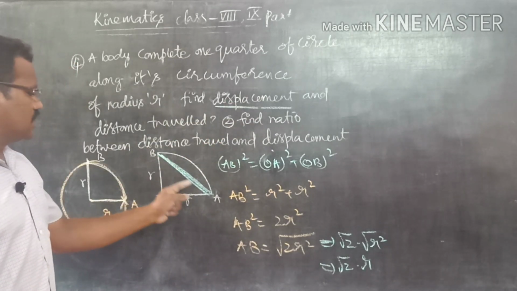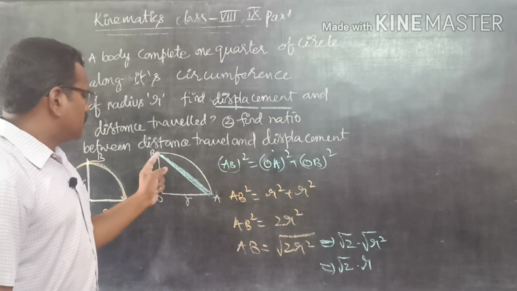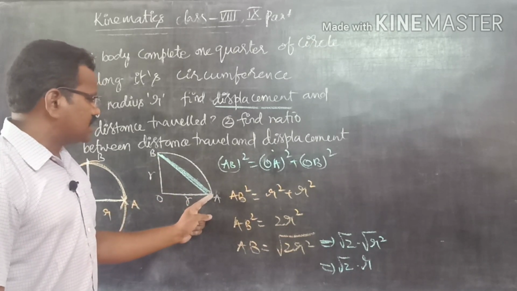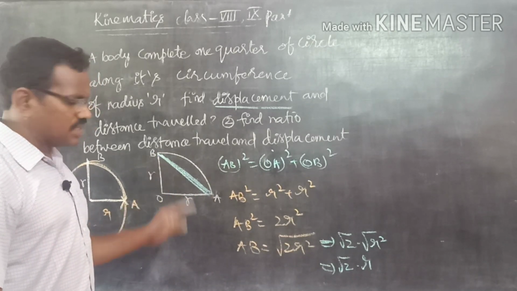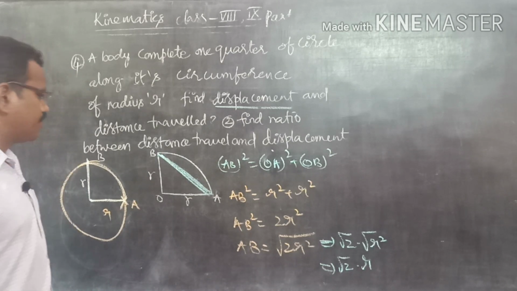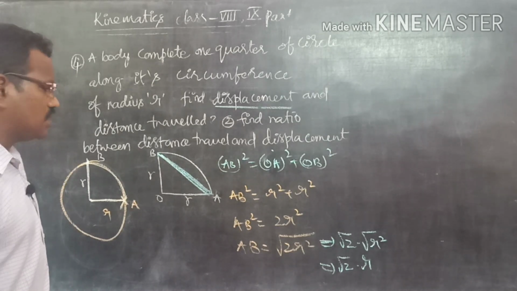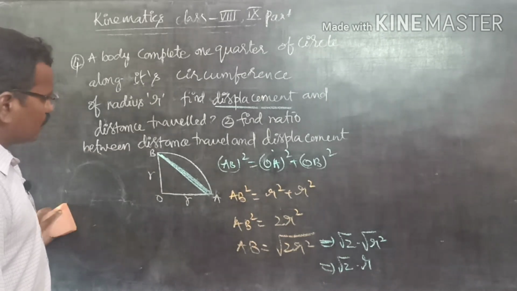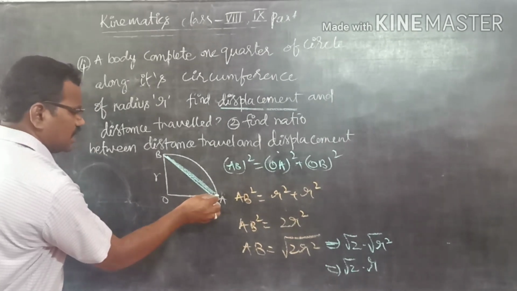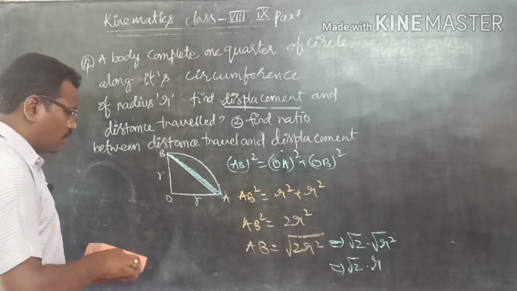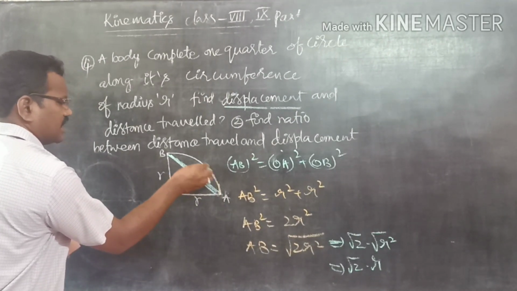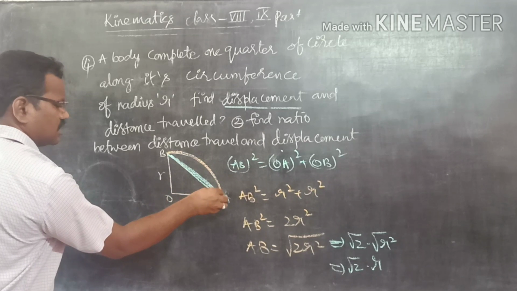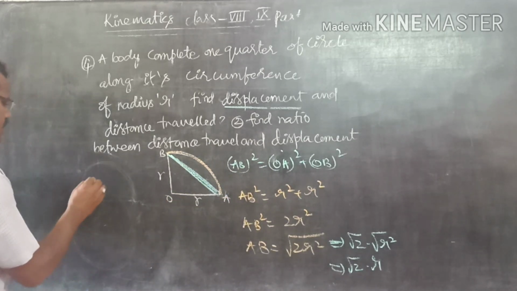Why? Because displacement is nothing but the straight line path between the initial point and the terminal point. Now we are going to calculate the distance traveled. What is the distance traveled? It is the total length taken by the body during its journey from A to B, traveling along the circumference of the circle.